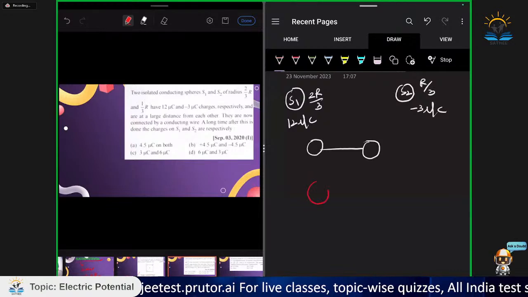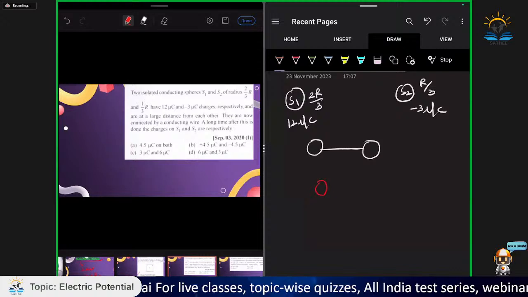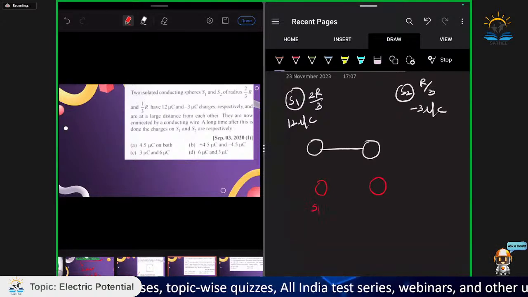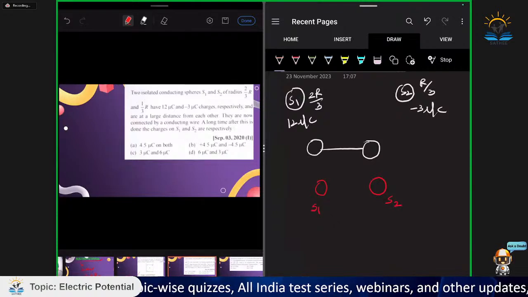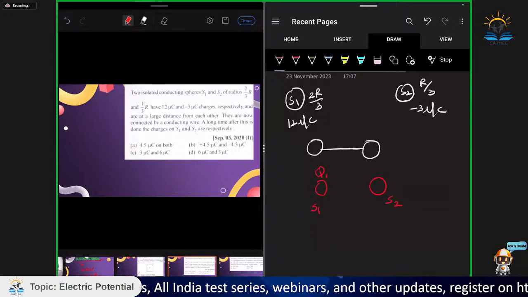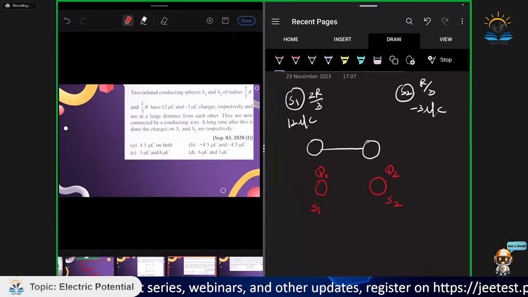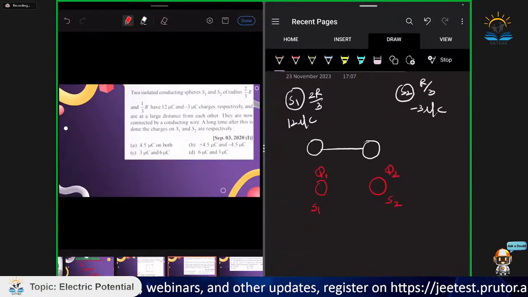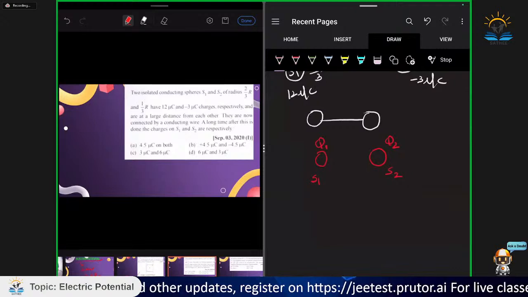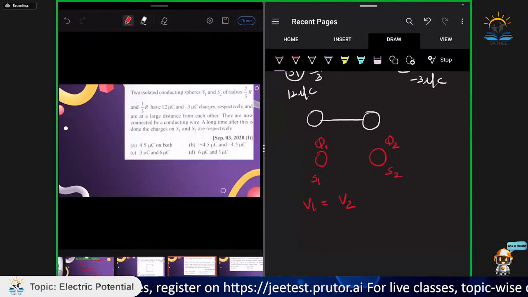See, after connecting, this is S1, this is S2. These charges will redistribute in such a way that the potential of both spheres will be equal. That means V1 should equal V2. That is the final condition.